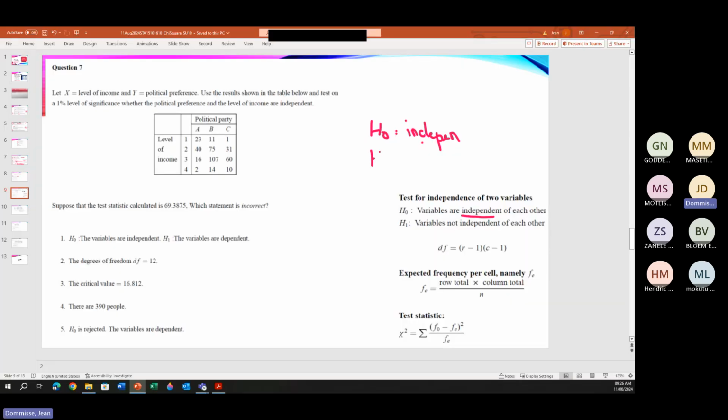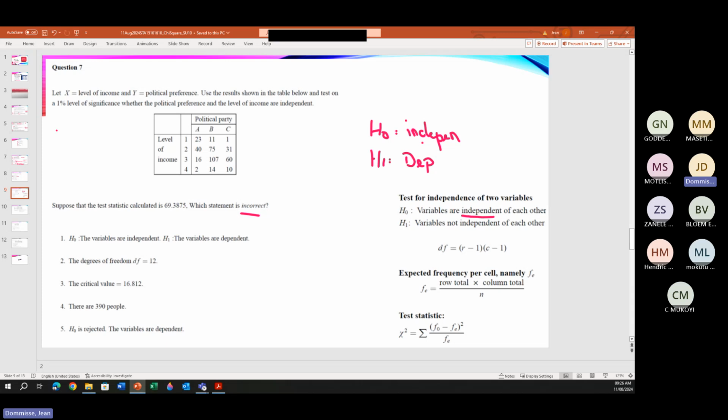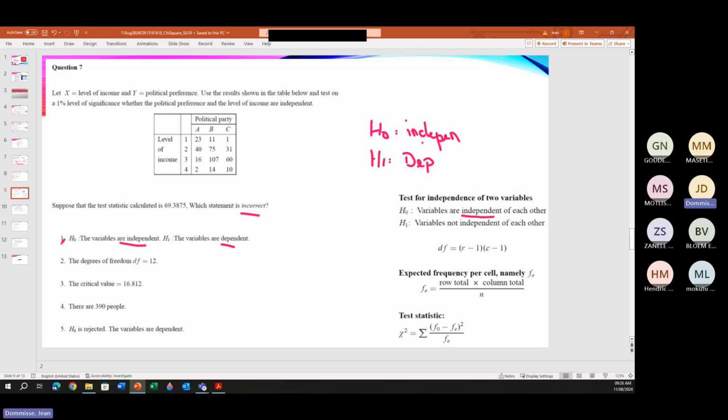With the alternative, we test dependence. So null hypothesis, independent variables; alternative, dependent. Okay, so the first one is correct.